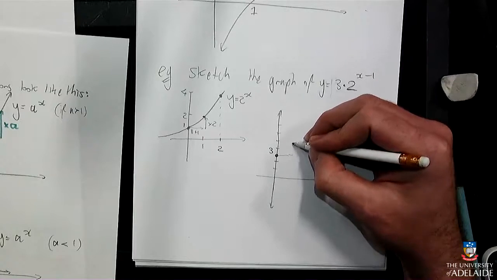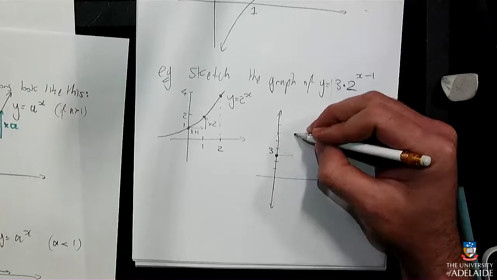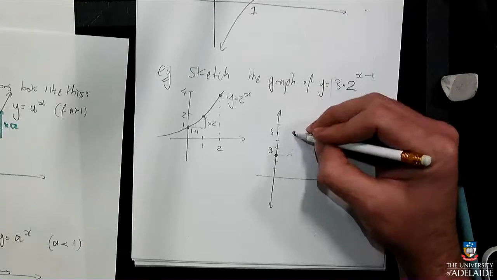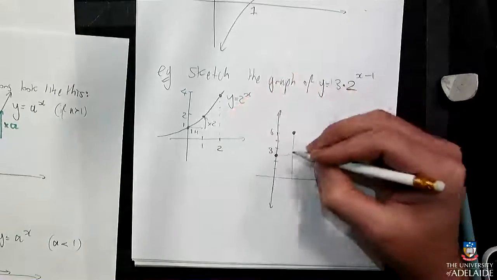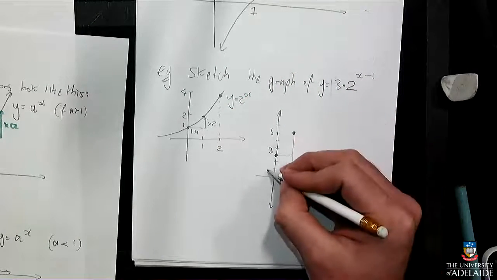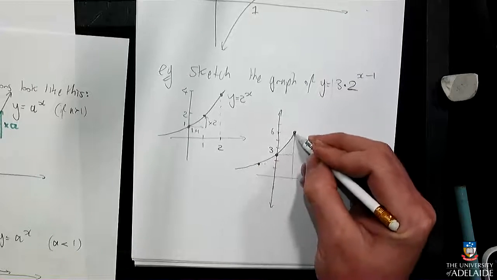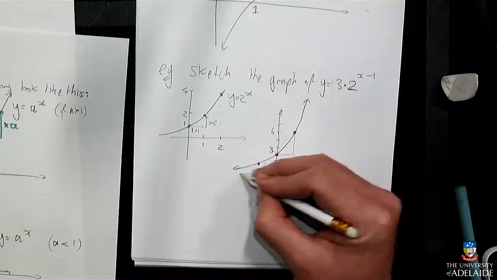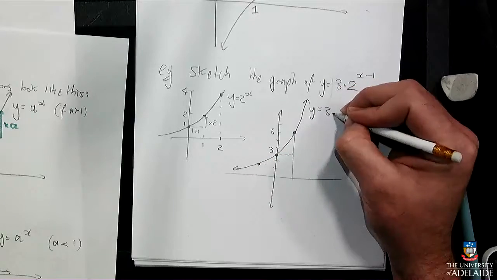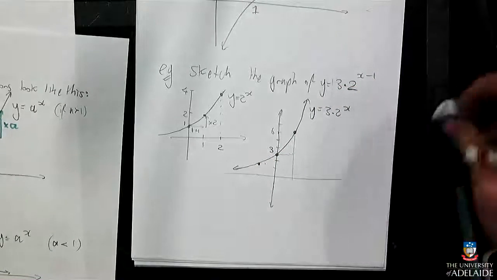So it's going to go up to 6. Also, the 2 gets multiplied by 3 to give 6. And this is going to be 1.5. That's 3 times 2 to the power of x.